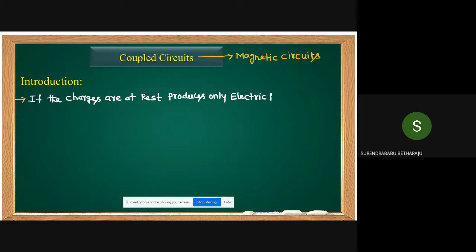Then this is called which one? This is called the electrostatics concept. You studied electrostatics. All of you are well known about these concepts, even in EMF. If the charges are at rest, they produce only electric field, that is called electrostatics. Charges in motion.